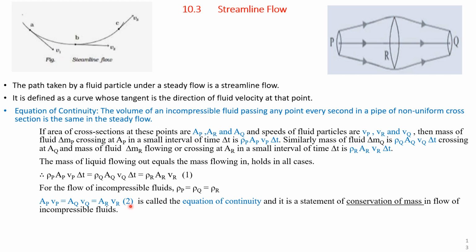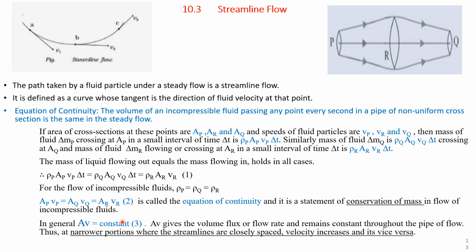Let it be equation 2. This equation is called the equation of continuity, and it is a statement of conservation of mass in flow of incompressible fluids. In general, A into V is constant. Let it be equation 3.